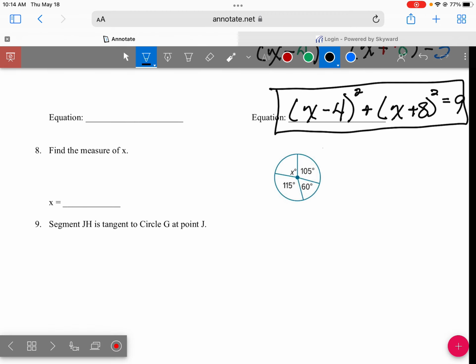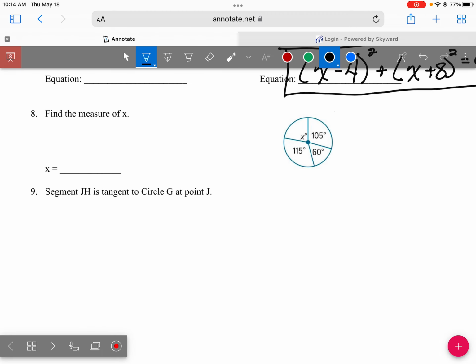Okay. Number 8. Find the measure of x. We did that one? It is 80. How would I find this? You added all that up and you subtracted. That's right.